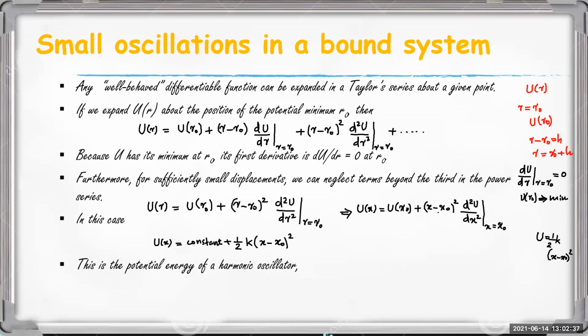Then (x minus x0) whole square, and the remaining quantity d square u divided by dx square at x equal to x0, in that position there is k.